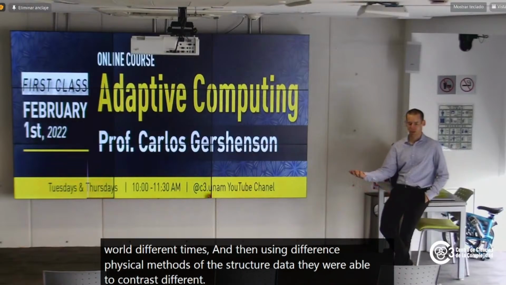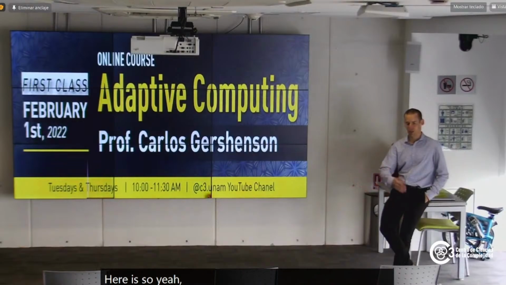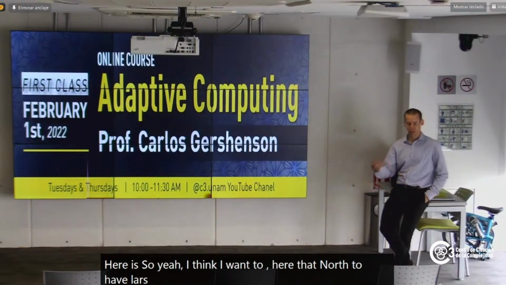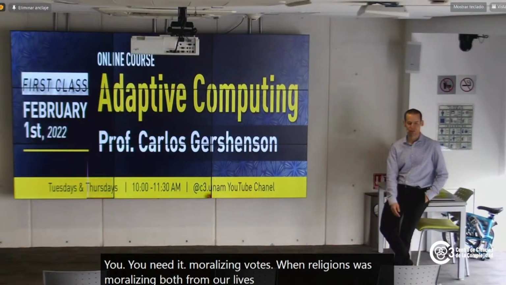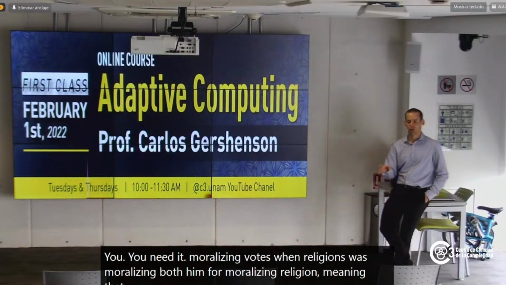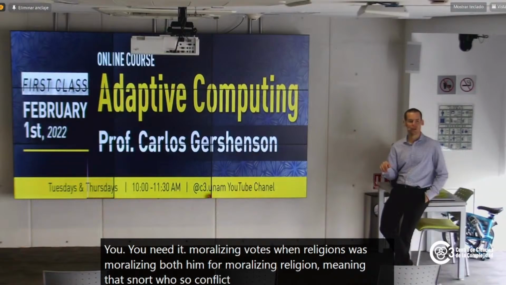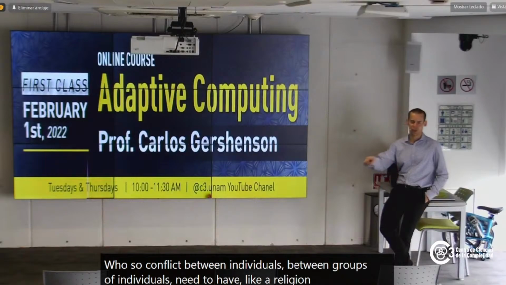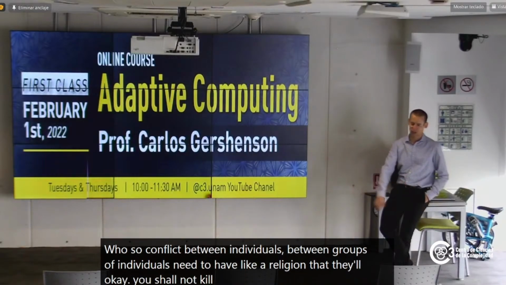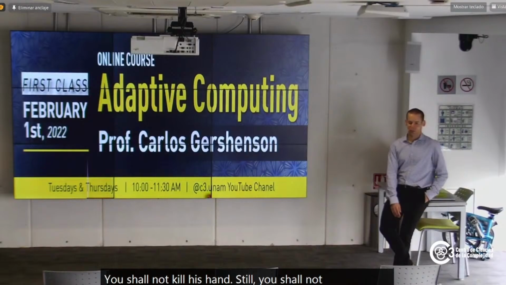So yeah, I think I already mentioned that there was this theory that in order to have large civilizations, like 500,000 people or more, you needed moralizing gods. Yeah, well, religions with moralizing gods or moralizing religions, meaning that in order to solve conflicts between individuals, between groups of individuals, you need to have a religion that tells, okay, you shall not kill, you shall not steal, you shall not whatever.